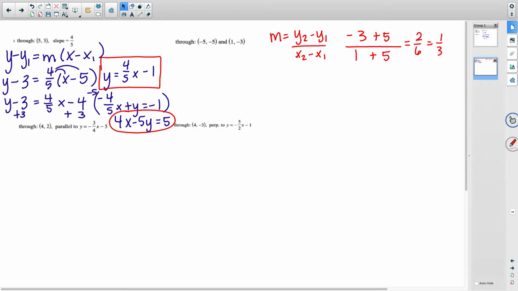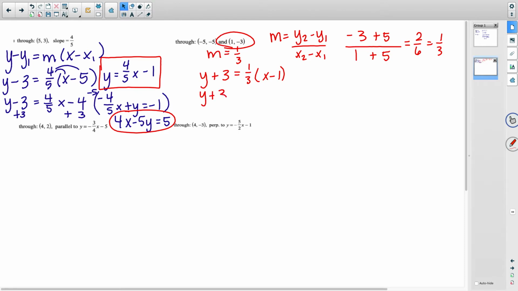If you don't reduce it, it's going to give you the same answer, but in your final answer, it would be better if it was reduced. All right, so we have our slope. So we're going to pick either ordered pair. It does not matter which one. I'm just going to pick the second one. You can pick either one. So y plus 3 equals 1/3 times x minus 1.